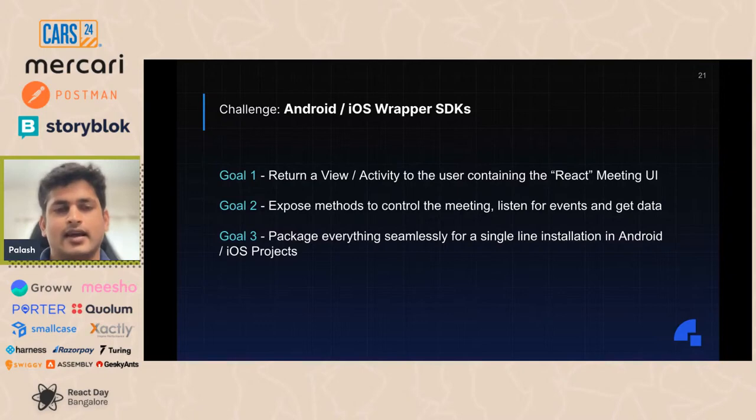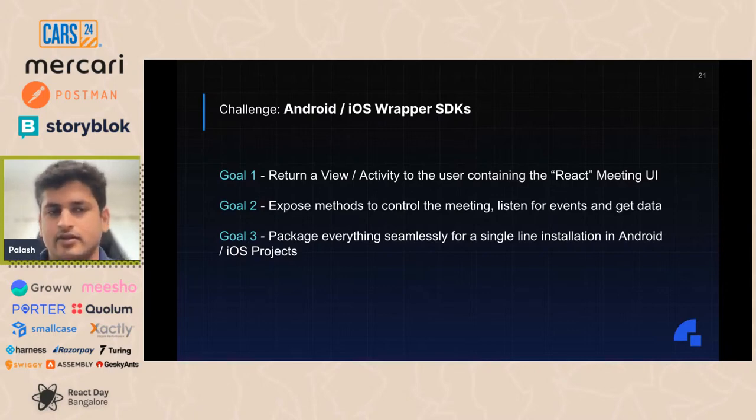Our Android SDK or iOS SDK needs to return a view which will contain the entire UI. It needs to give out methods to control the meeting, like disable camera, enable camera. It needs to listen for changes. And the third thing is that the client need not be exposed to a lot of installation steps. It needs to be as seamless as if it were an actual native SDK.